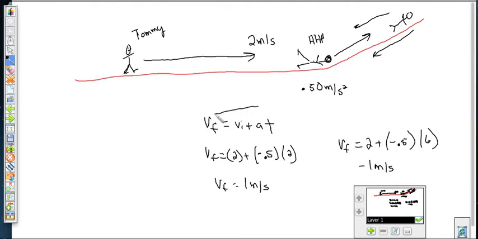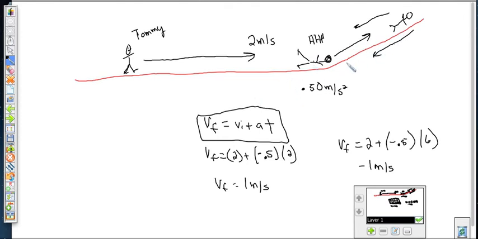So this equation you can solve for velocity anytime that you have any sort of constant acceleration. So like I said, this becomes a very, very handy equation to use anytime you're looking at anything to do with gravity, because you know that gravity is always going to cause a constant acceleration.